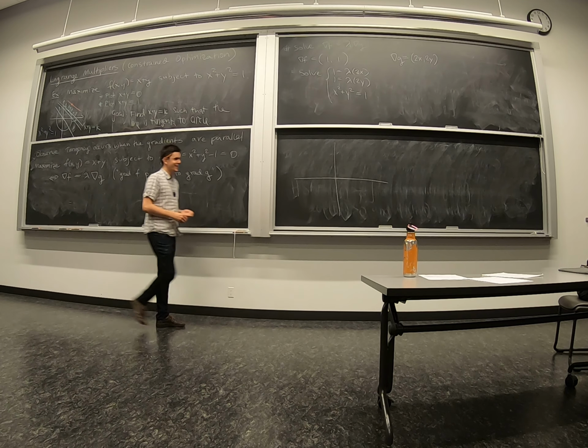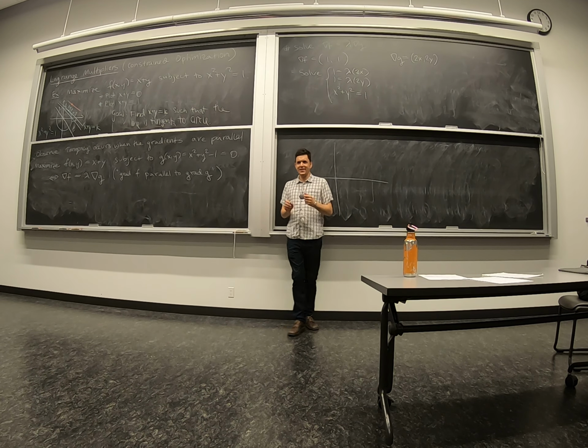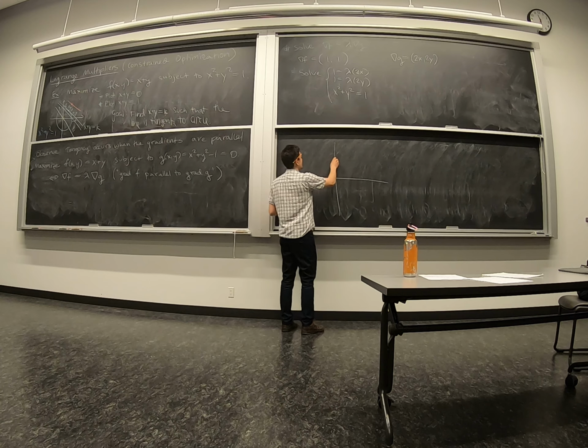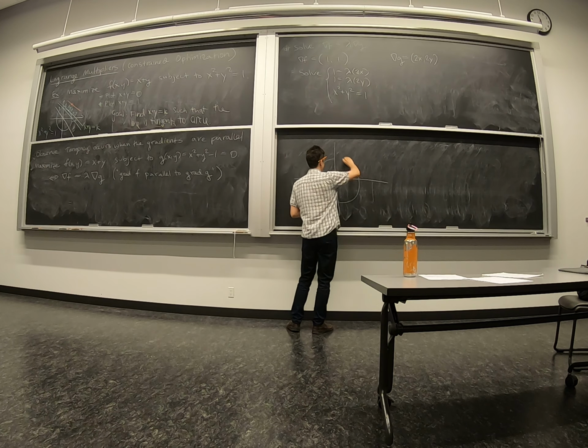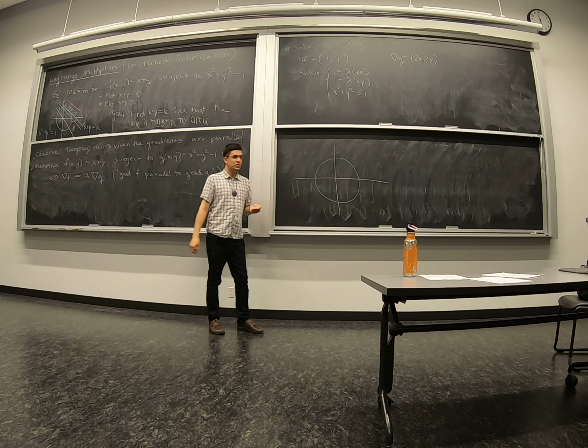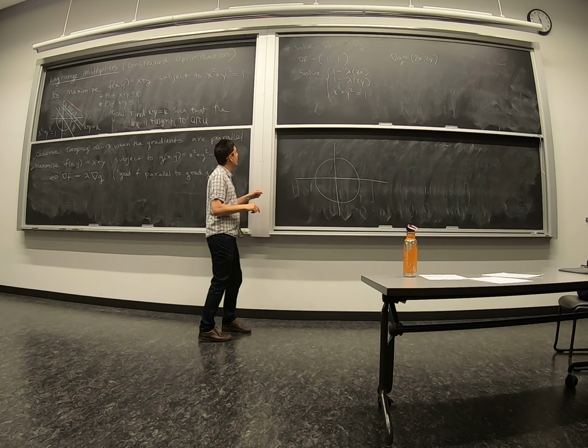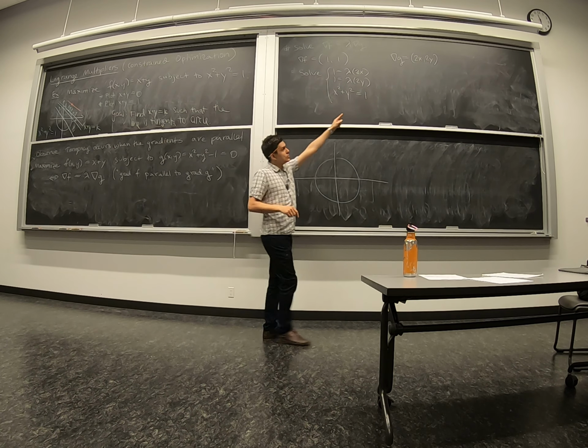So this is just such a nice and beautiful thing in geometry. You take your circle, and it has a gradient vector on it, this guy, (2x, 2y).